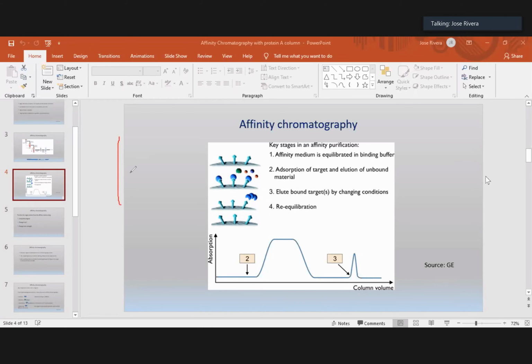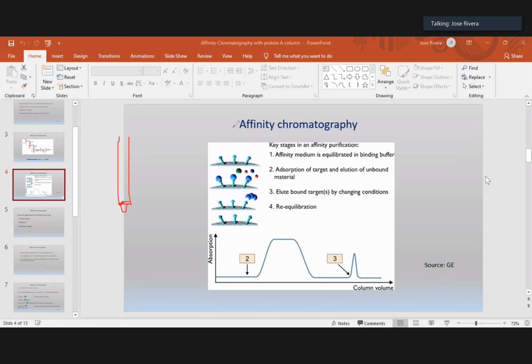Again, you're going to have the columns for affinity chromatography. It usually is small, a piece of plastic about this size. It looks like a tube, and it has a filter at the bottom.